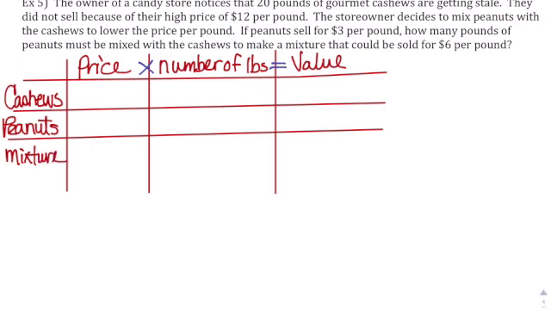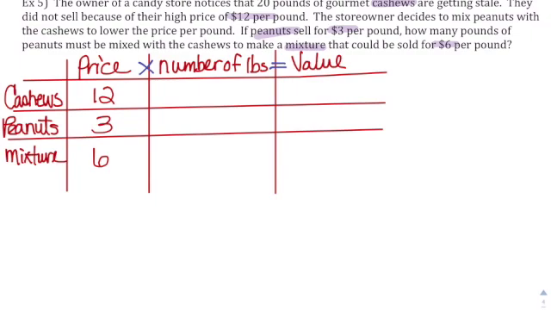Okay, so the price of the cashew is $12. We know that. And then the peanuts are $3 a pound. And they want to make $6 a pound. The peanuts are $3. And the mixture is $6.